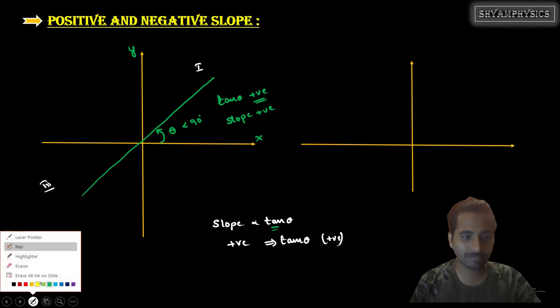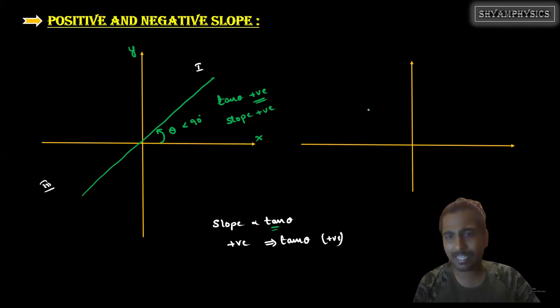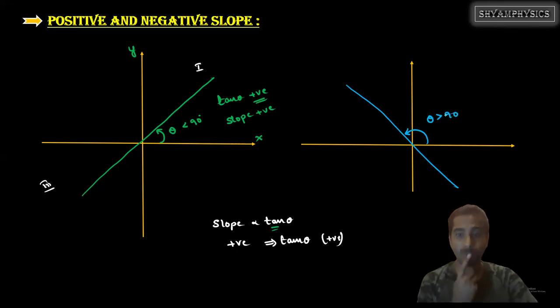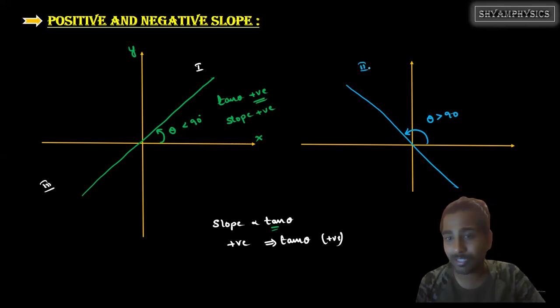Next point. In case the line is passing like this, from the x-axis it is making an angle. This theta is greater than 90 degrees. If it is greater than 90 degrees, it comes to the second quadrant.